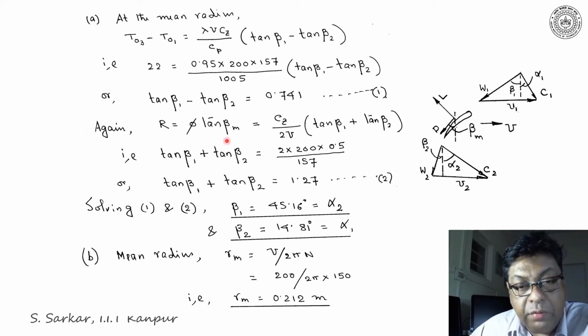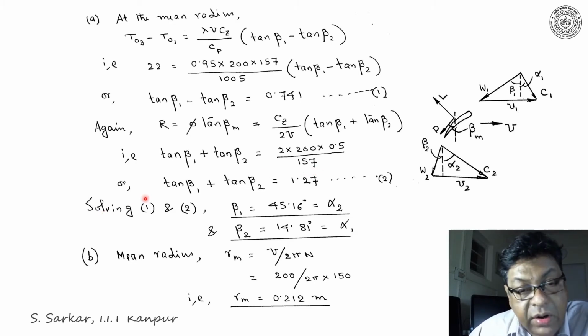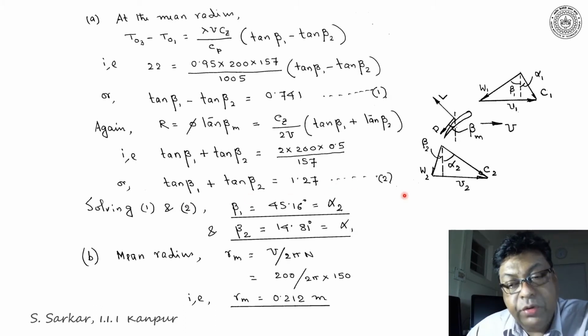I know the value of Cz, I know the value of U. Tan beta 1 plus tan beta 2 is equal to twice into 200 into 0.5, degree of reaction is 0.5, divided by 157. Thus, I got another relation, tan beta 1 plus tan beta 2 is equal to 1.27, and that equation is denoted as equation number 2.